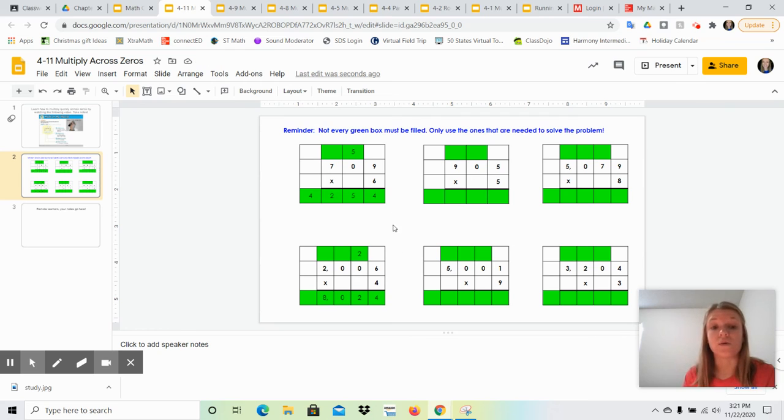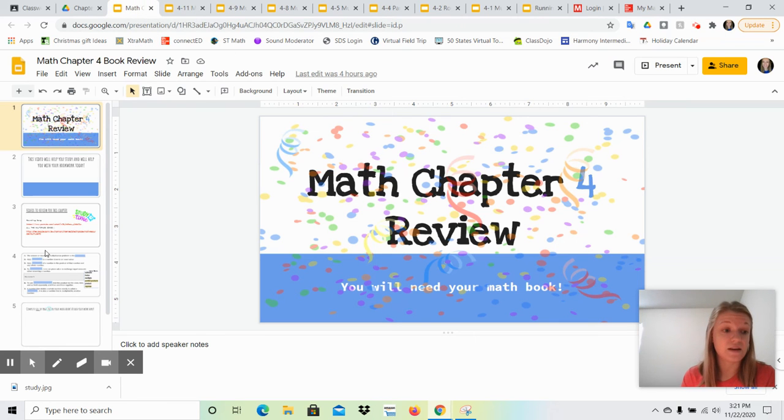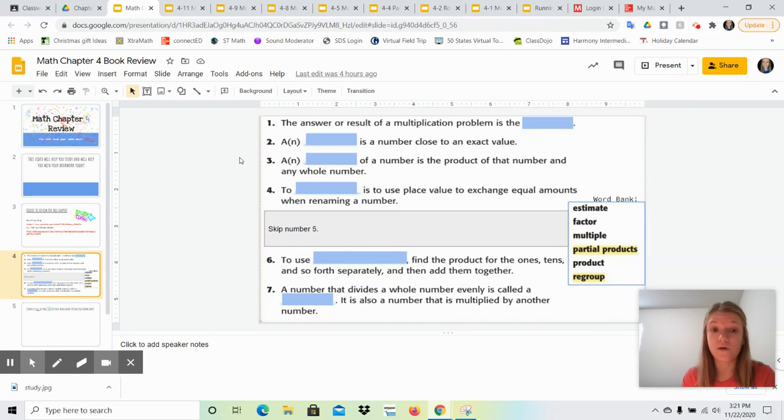Okay? So lots of practicing with our facts, lots of practicing with multiplication and stacking our numbers so that we can solve it using the standard method. And then we do have a few vocab terms that we are going to review. So this is what is on your slide, and that's because we skipped a vocab term in this chapter.